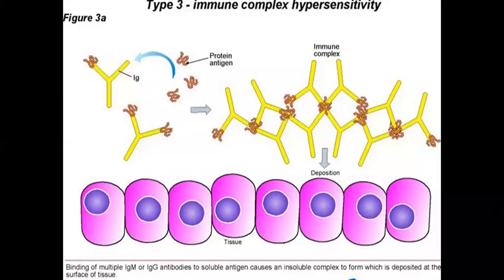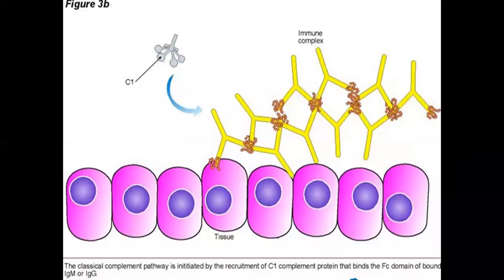Then the antigen antibody complex is going to deposit in the tissues, and that deposition is going to cause damage to that tissue by activating first the complement system, and then the mediators or the inflammatory reaction.